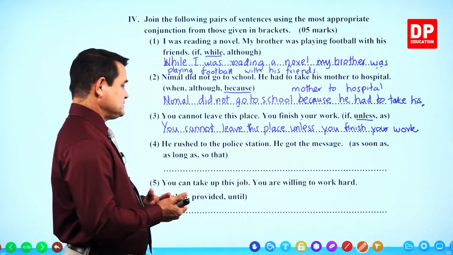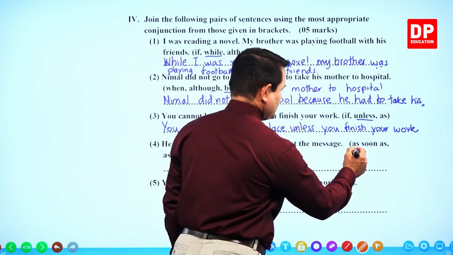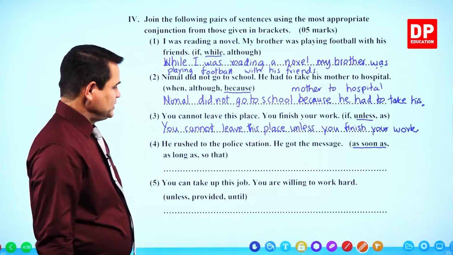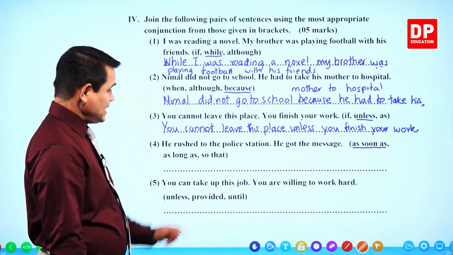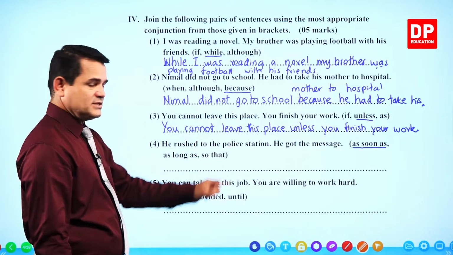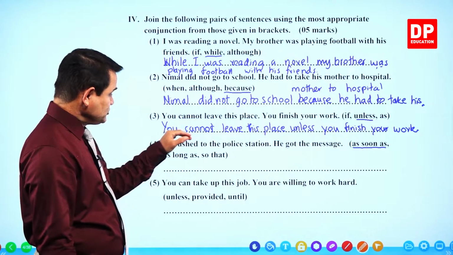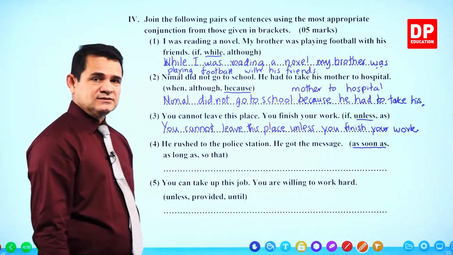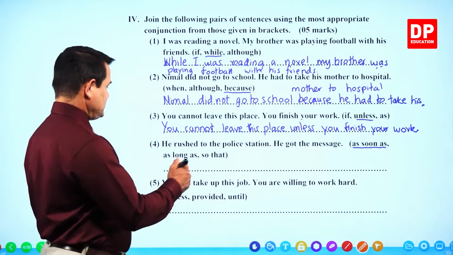The best one is as soon as. එයාට පණිවිඩය ලැබුණ වහාම එයා police station එකට දිව්වා. As soon as he got the message, he rushed to the police station. එහෙම නැත්නම් he rushed to the police station as soon as he got the message. Both way correct.